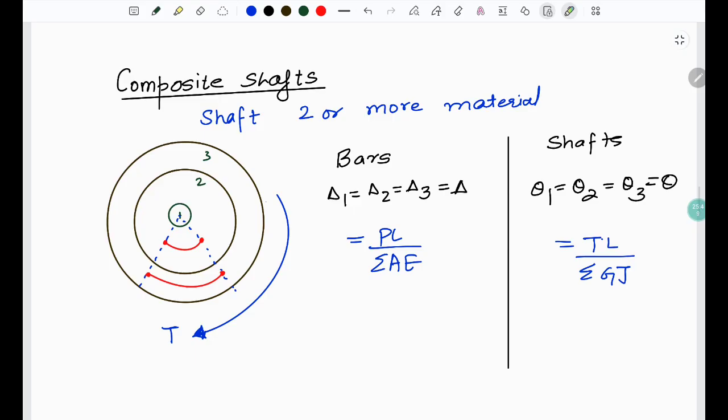And then we have composite shaft, similar to what we have in the bars, that is shafts of two or more materials. Just like in the bars we used to have delta 1 equals delta 2 equals delta 3 equals delta, here we have theta 1 equals theta 2 equals theta 3 equals theta, where delta is calculated as PL by summation AE. We write here TL over summation GJ.